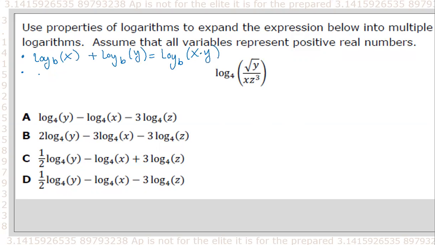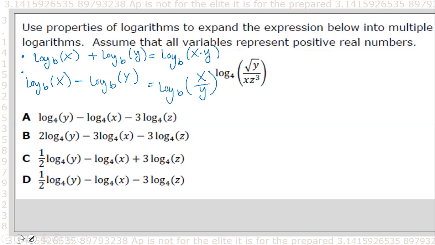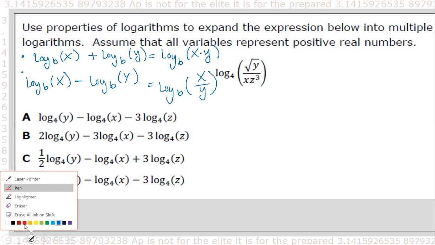The next thing to know is that if there is a log with the same base being subtracted, that means division. These are the two notes that I want you guys to have. Now we're going to apply this so we can separate all of this. Go ahead and write that down, and we're going to begin.